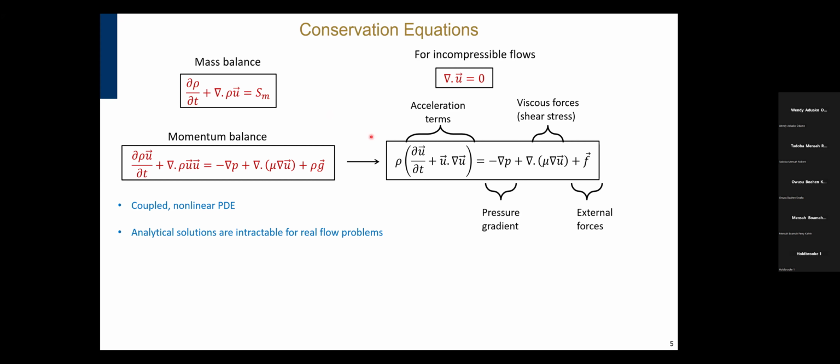I'm in level 400. Okay, so it means you've probably taken fluid transport and heat transfer. If you've taken all of that, you already have the tools. But you most likely would have ended up solving simplified forms of these equations.